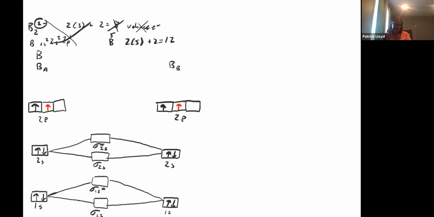I'm going to say that again. The anti-bonding orbitals are higher in energy than the atomic orbitals. Remember, the atomic orbitals are over here. The anti-bonding is higher in energy than the atomic orbitals. So if electrons go into the anti-bonding orbitals, that makes the molecule less stable.